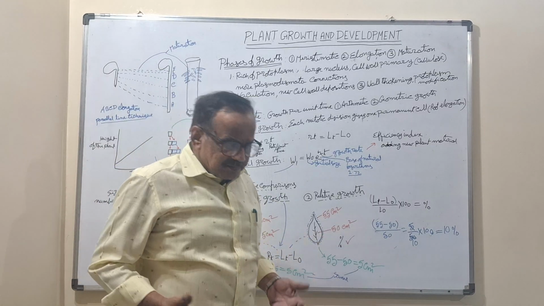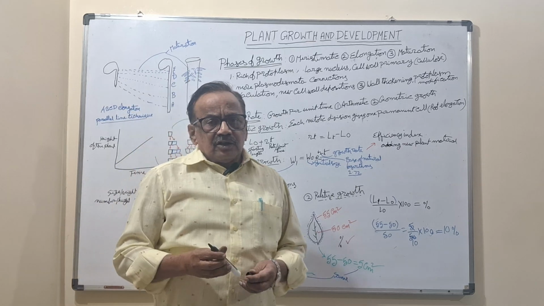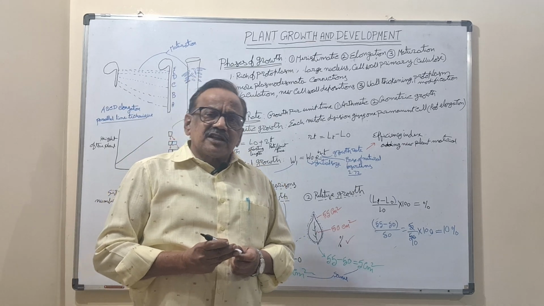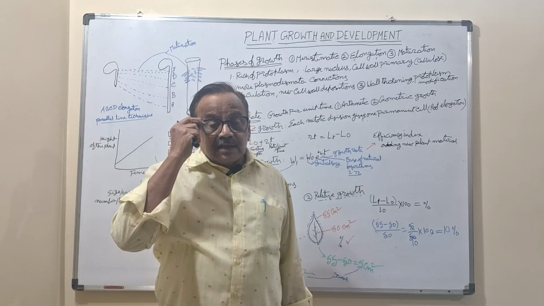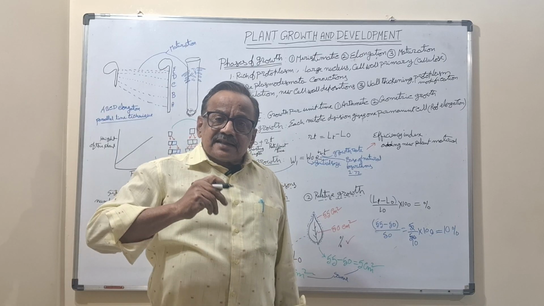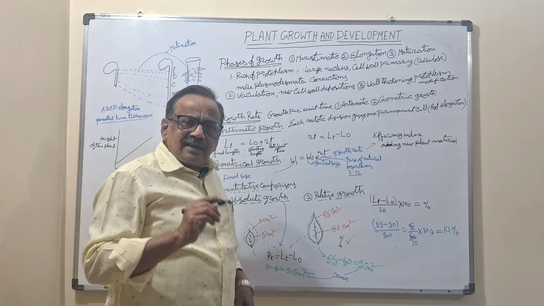Why? Plasmodesmata connections mean connections from cell to cell through the cell wall. He has given this in the cell chapter also. Through the plasmodesmata, cytoplasmic connection takes place cell to cell.